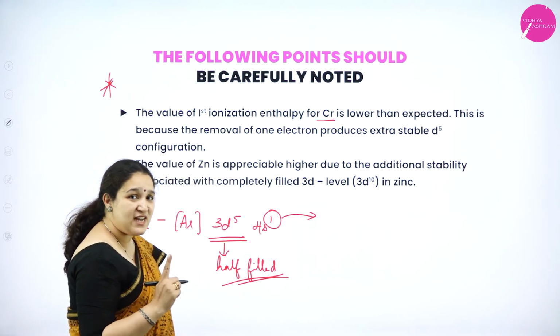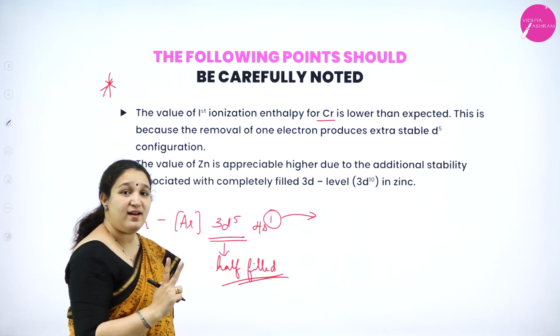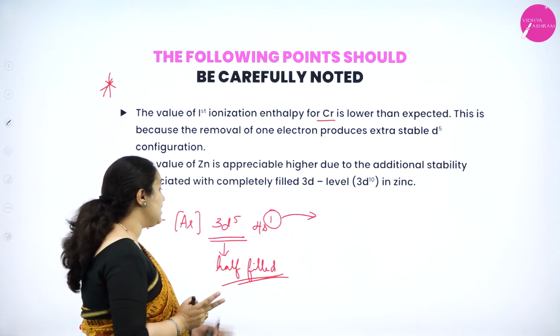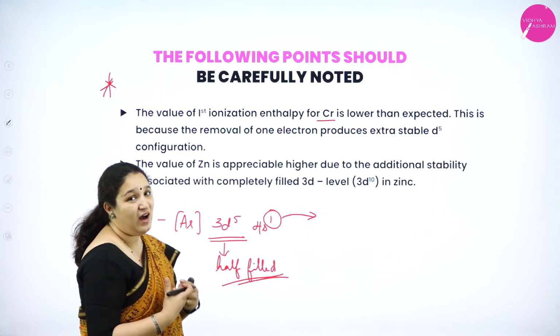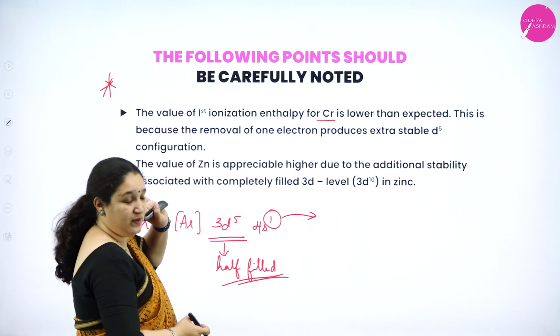Thus, the first ionization enthalpy of chromium is low. But the second ionization enthalpy of chromium will be extremely high because it does not want to lose one more electron, because it has got the half-filled orbital. So that is the first exception which we have got.